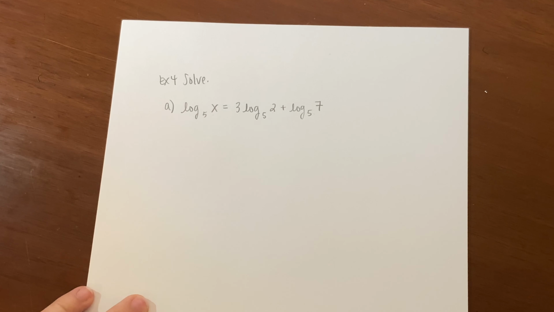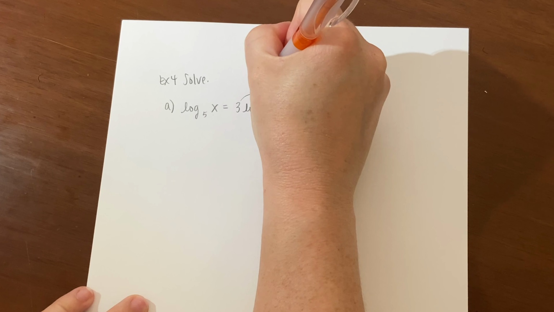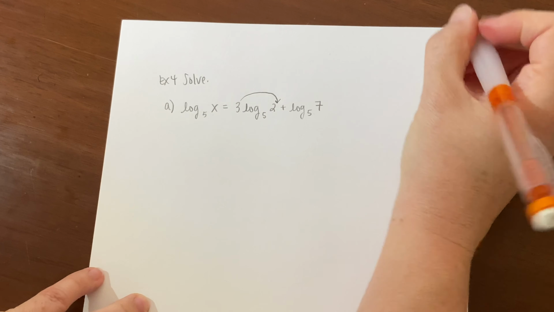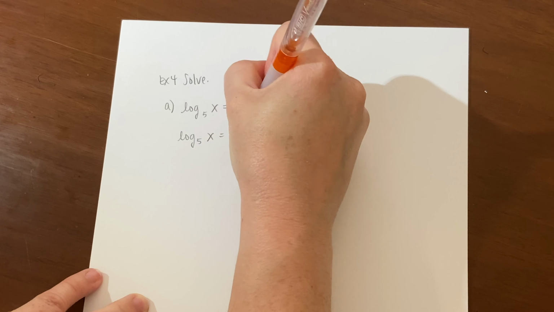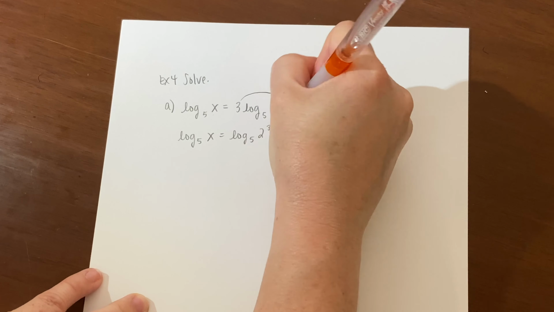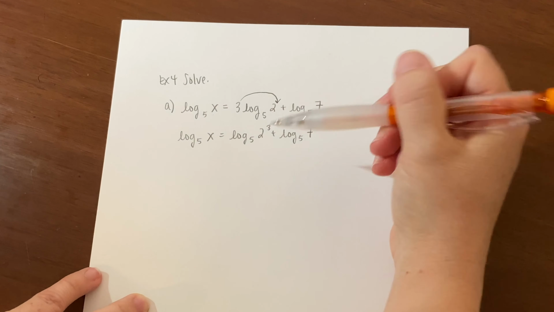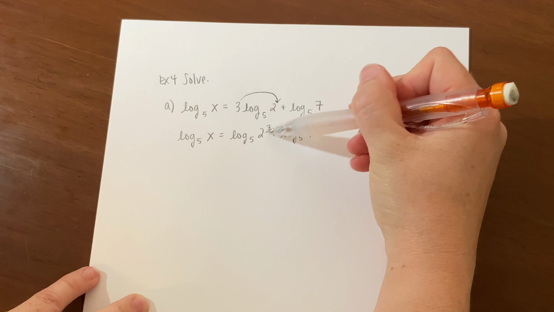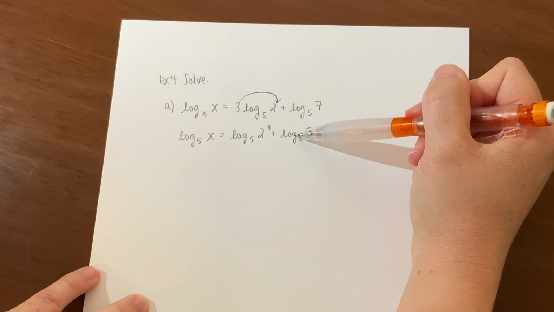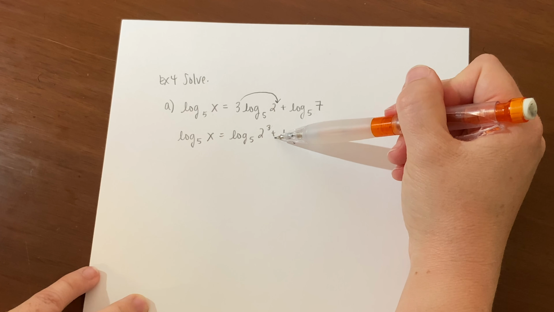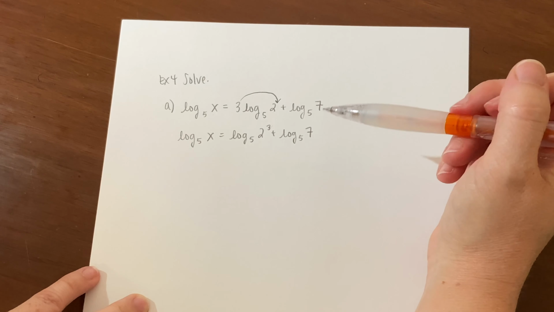So I'm going to use my rules, my laws 1 through 3. Rule 3 says that I can bring this coefficient up to the exponent position. So log base 5 of x equals log base 5 of 2 cubed plus log base 5 of 7. I know that 2 cubed is 8, so I can do that in just a second. Now we have 2 logs separated by addition. According to Law 1, addition condenses using multiplication.